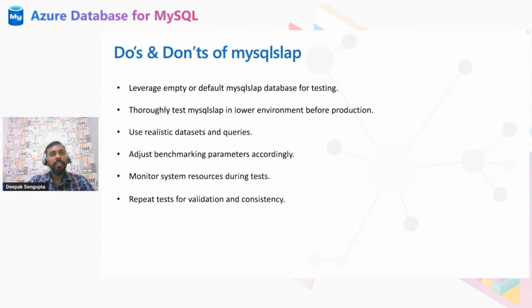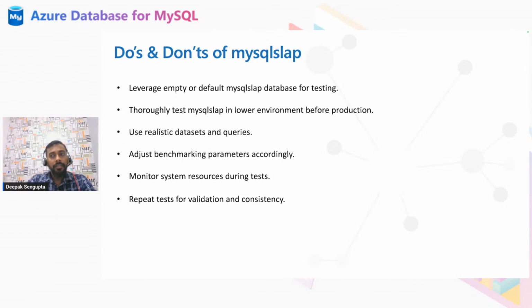Now, when you're using the mysqlslap utility, and if you're using the parameter auto-generate-sql, what it does is it creates a database, it creates a table, and it inserts the data in it. And after the run, it cleans out the information, it deletes the database.